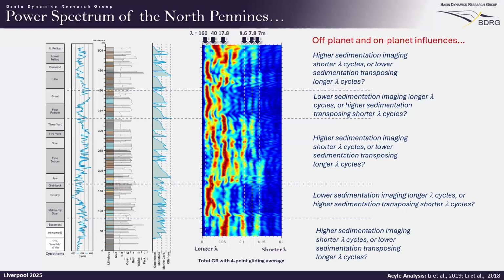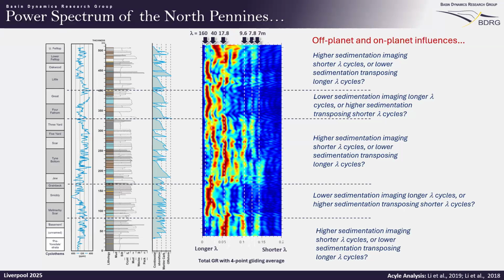But also lower sedimentation rates transpose what started off as long wavelength cycles this way. They look like short wavelength cycles because the sedimentation rate is low. So basically we don't really know when you look at these diagrams: is it high sedimentation rates imaging shorter wavelength cycles that you can't see with lower sedimentation rates? Or is it lower sedimentation rate taking those long wavelength cycles and shoving them the other way on the graph? It's really difficult to read.